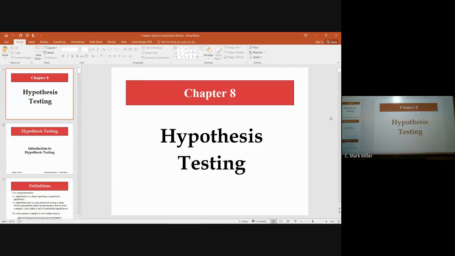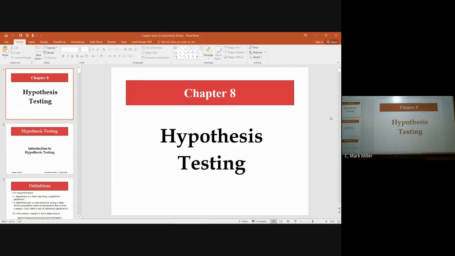And it's going to be a quiz computing one or more of the confidence intervals or sample size estimations that we did for chapter 7. So whatever we do for the rest of today and whatever we do on Monday will not be on the quiz. Okay? So quiz on Wednesday, basically over chapter 7. And it will involve computing confidence intervals, possibly finding the chi-square values or t-values, right?